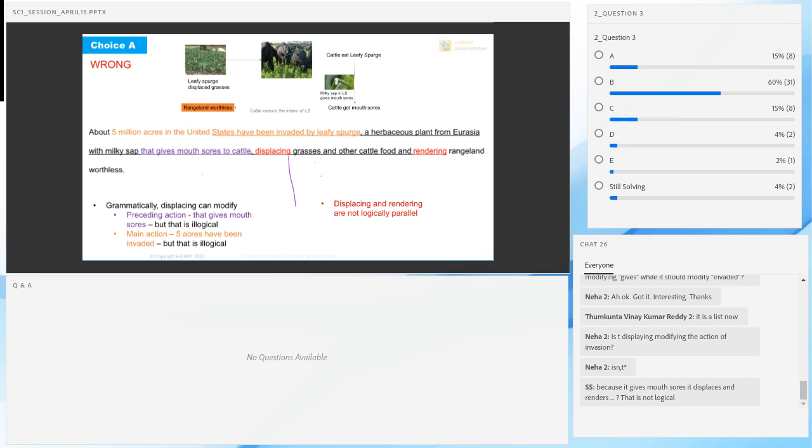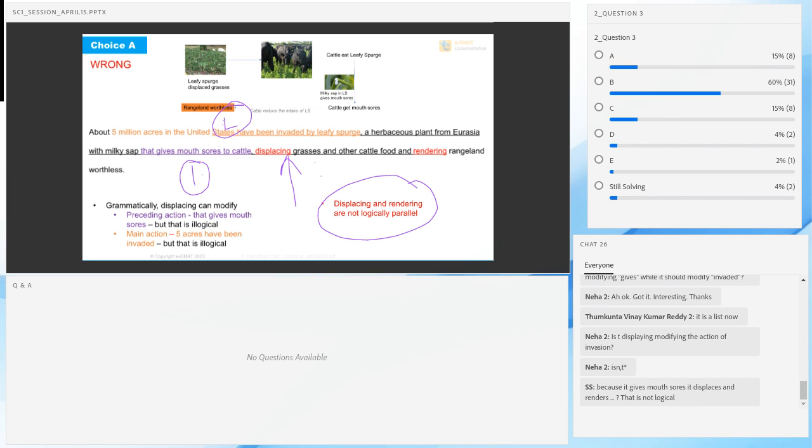So displacing as a verb-ing modifier. First of all, displacing and rendering, they are not at the same level. Secondly, for displacing, you have two clauses before it. Number one, number two here. Milky sap that gives mouth sores to cattle displacing. Now, milky sap, first of all, is not displacing grasses, right?